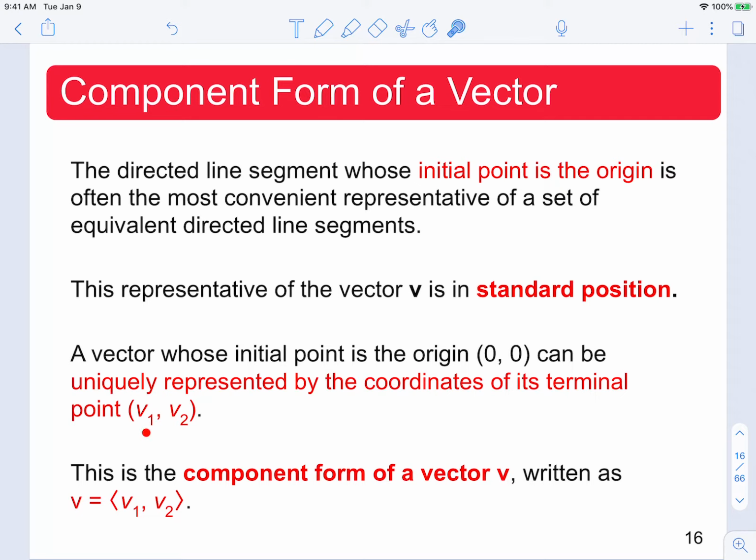⟨v1, v2⟩. This is the component form of a vector v, written as v equals, notice these special symbols, they kind of look like parentheses, but with a rigid, angular look: ⟨v1, v2⟩. So what does this look like?